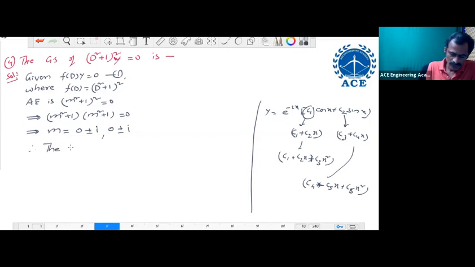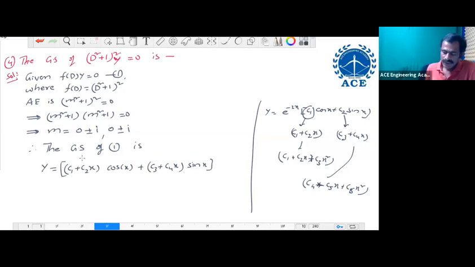Therefore, the general solution of 1 is y equal to (c1 plus c2x) cos x plus (c3 plus c4x) sin x, into e power 0x.